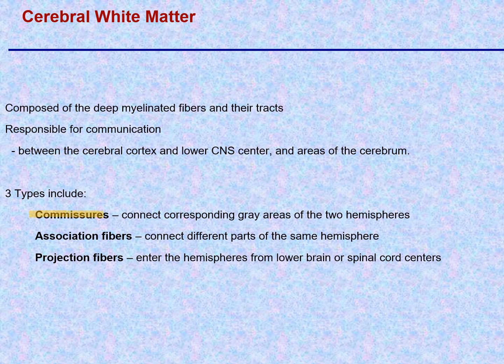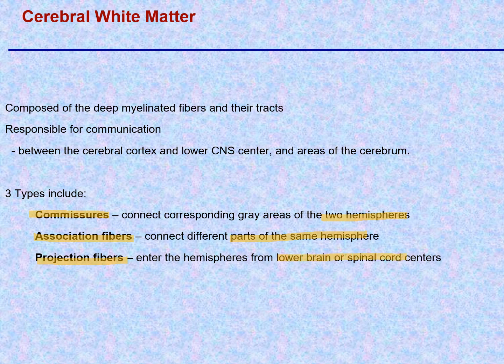They are the commissures, which connect corresponding gray matter areas from one hemisphere to the other. There are association fibers that connect parts within the same hemisphere, and projection fibers that bring in information from the lower brain or spinal cord.